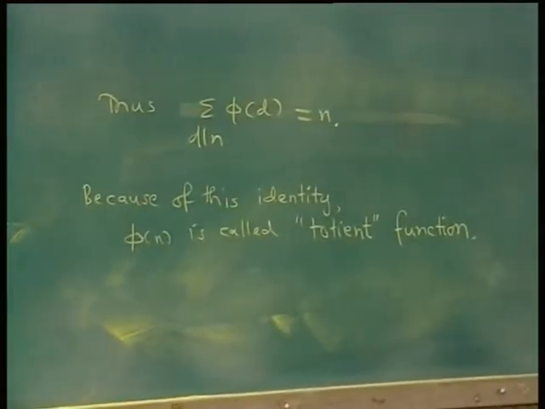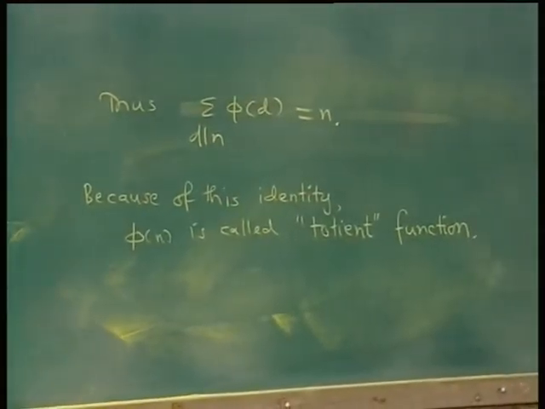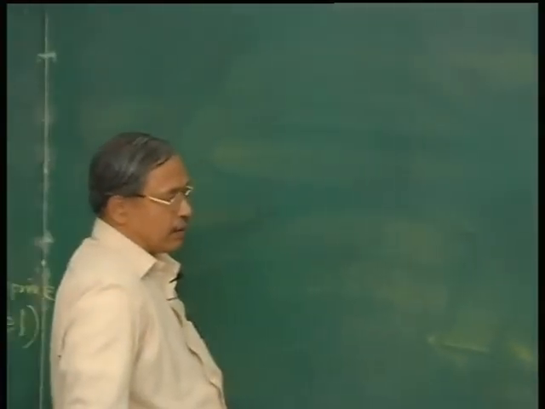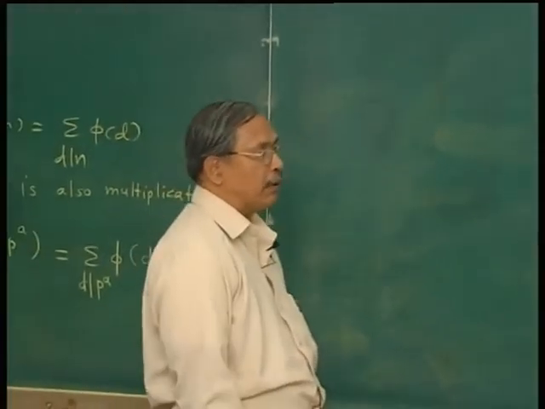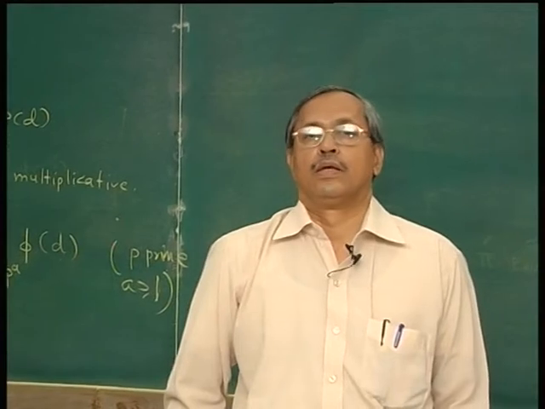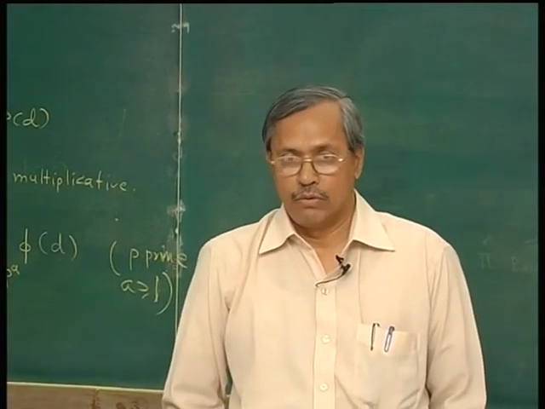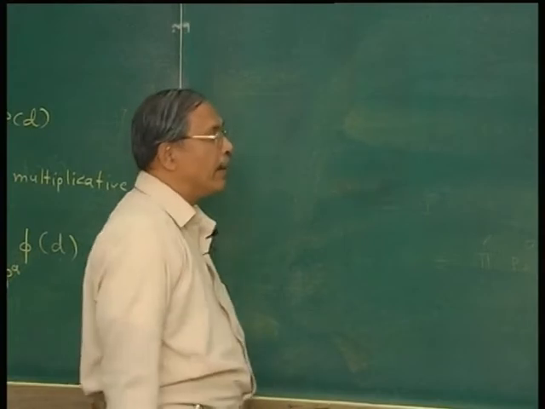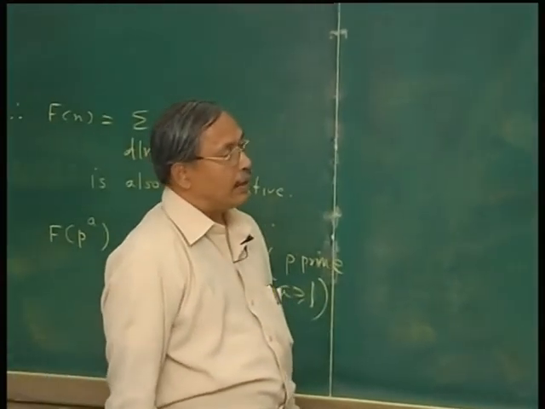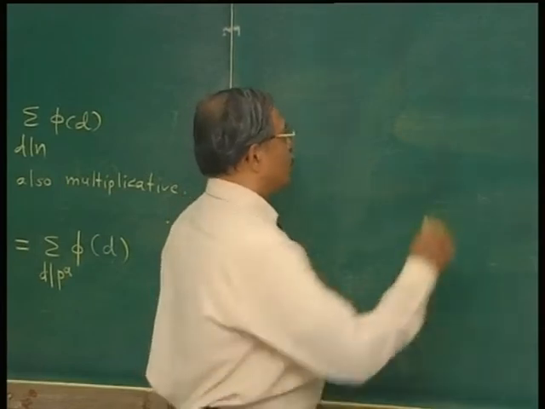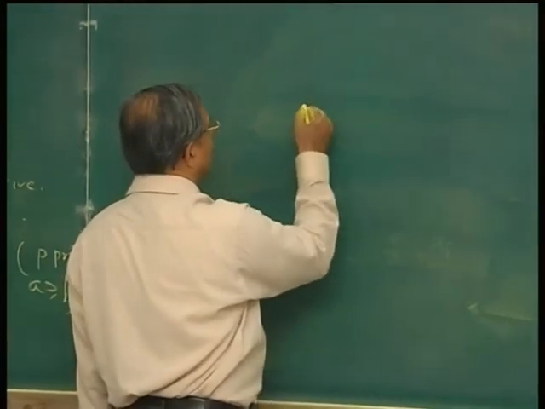Now, what we have seen for the function capital F obtained from small f in a particular manner, that is, if small f is multiplicative, then capital F is also multiplicative. The same is true for functions obtained from two different functions in a specific manner, which is called Dirichlet multiplication of two functions. So let us study that.